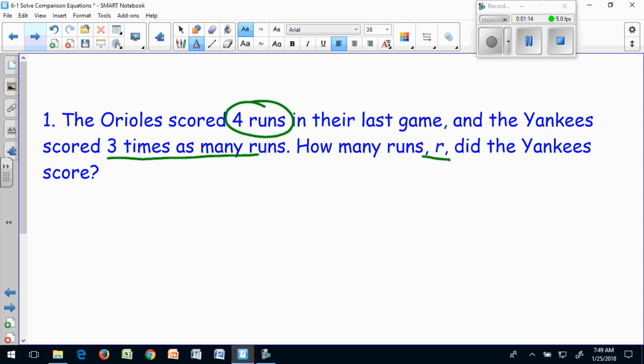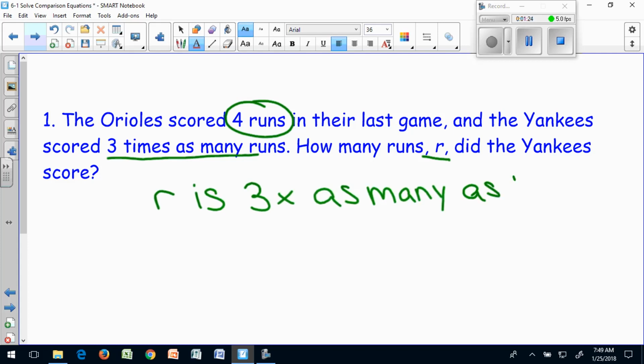So I know from this problem that R is 3 times as many as 4. That means R is going to be larger than 4.